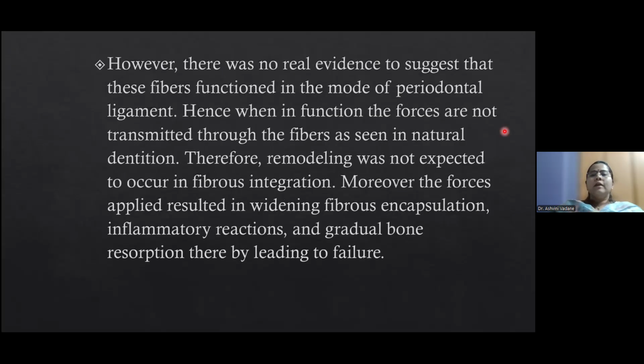However, there was no real evidence to suggest that these fibers functioned like the periodontal ligament. Hence, when in function, the forces are not transmitted through the fibers as seen in the natural dentition. Therefore, remodeling was not expected to occur in fibrous integration. Moreover, the forces applied resulted in widening of the fibrous encapsulation, followed by inflammation and gradual bone resorption. All this led to the failure of this theory.